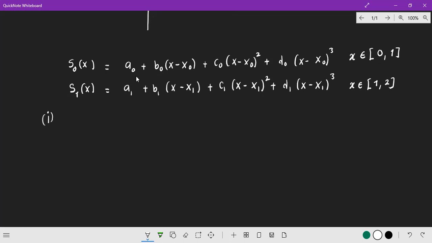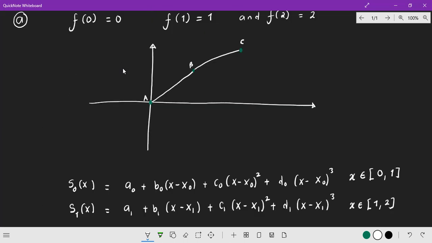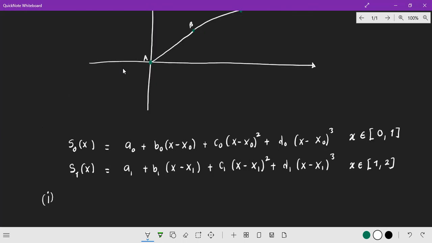The first condition we're going to look at is evaluating the spline at each point. We're going to evaluate this spline S naught. Remember that S naught is connected to 2 points, A and B. So I'm going to evaluate S naught at point A and also at point B. Let me first simplify this.